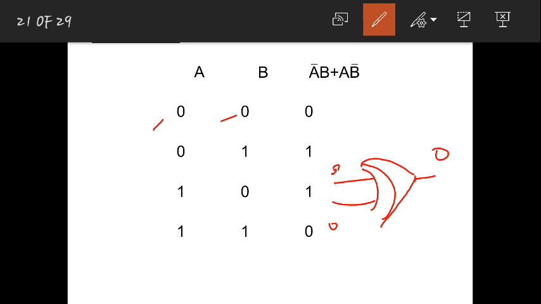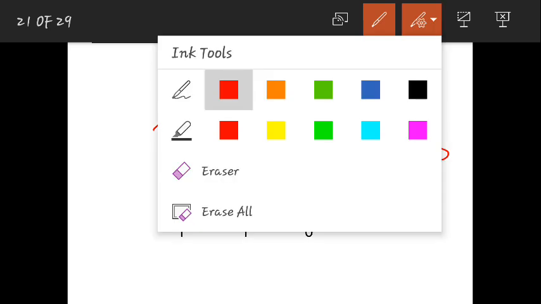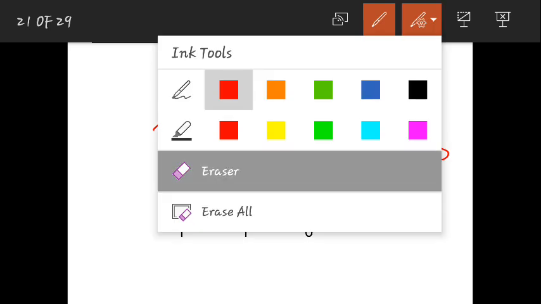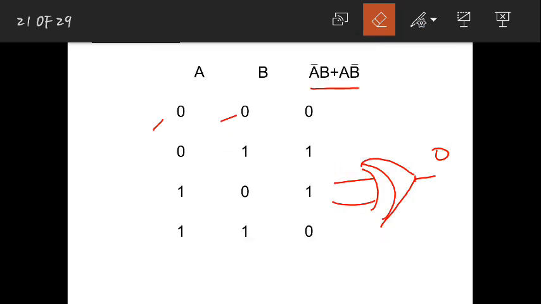If you want, you can substitute in this expression and see. Or else you can directly remember it. After 0 and 0, if I give 0 and 1, the output will change to 1. If I give 1 and 0, the output will be 1. If I give 1 and 1, both inputs being 1, the output will be 0.